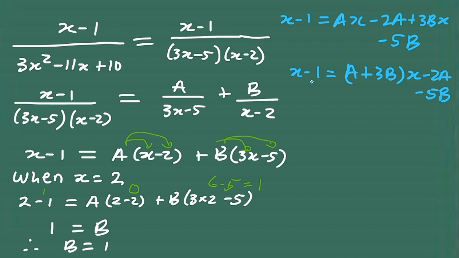All right, the next thing we are going to do is equate their corresponding coefficients. So a plus 3b equals 1, since the coefficient of x on the left hand side is 1. Let's call this equation 1. And minus 2a minus 5b is equal to minus 1. Call this equation 2.